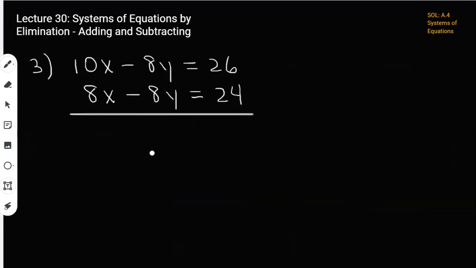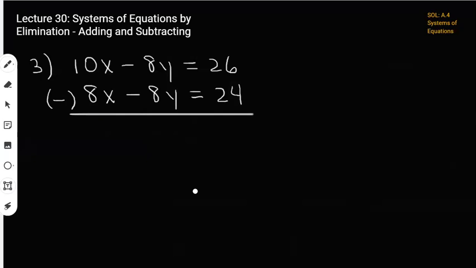So am I going to add or subtract? If I was to add, I would get negative 8 plus negative 8 is negative 16y. But I want to get 0y, so that's not going to work. Instead, I'm going to subtract the two lines. That way, negative 8 minus negative 8 is 0y. But since it's 0y, you don't necessarily have to write that.